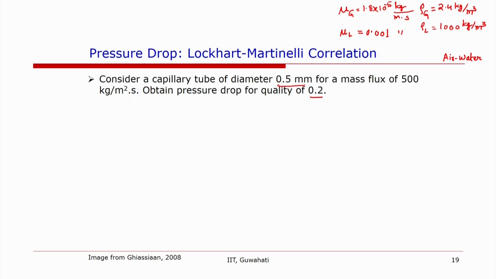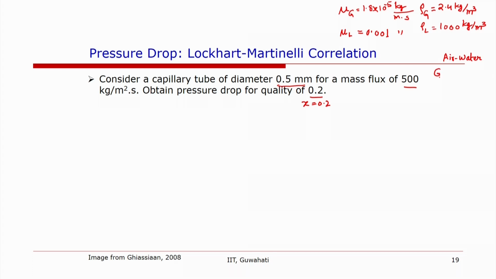Okay. So, if we have to calculate the pressure drop in such a case, we have been given the mass flux and we have been given the quality. So, quality is 0.2.